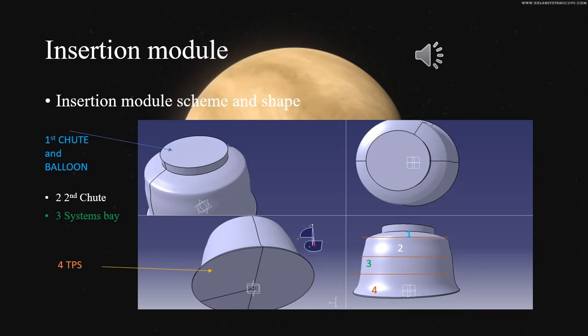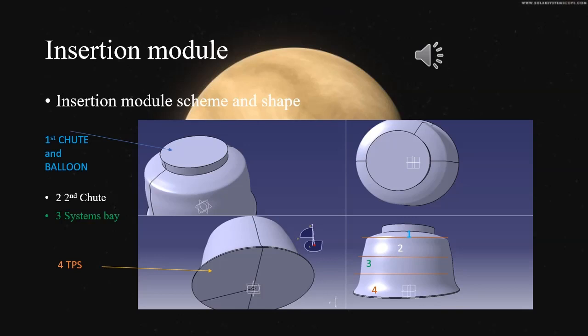representation of our module. It is going to be split in 4 key parts, which are going to be detached from the module in sequence. First, the first parachute is going to be deployed at an altitude of 60 kilometers, and after descending for 5 kilometers, it's going to break away together with the balloon, which represents the atmospheric analysis module.